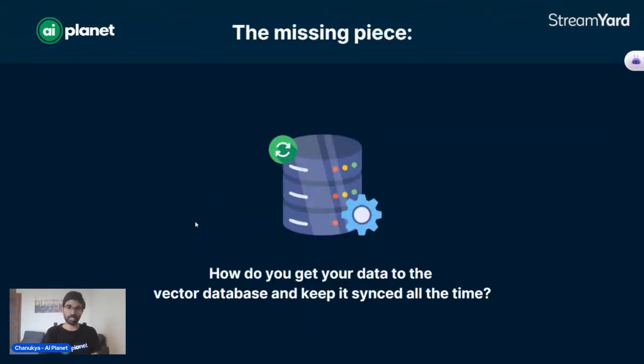The missing piece is how do you get your data to the vector database, and also how do you keep it synced all the time. You have to manage this entire workflow end to end, in a synchronous way, so that your LLM always gives a reliable output.